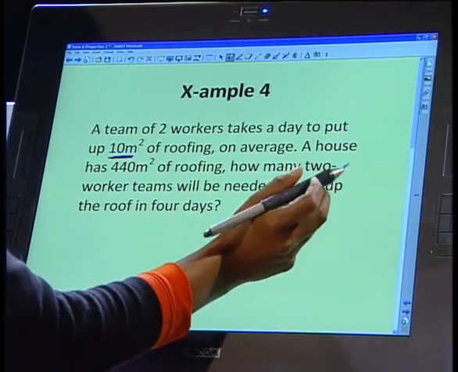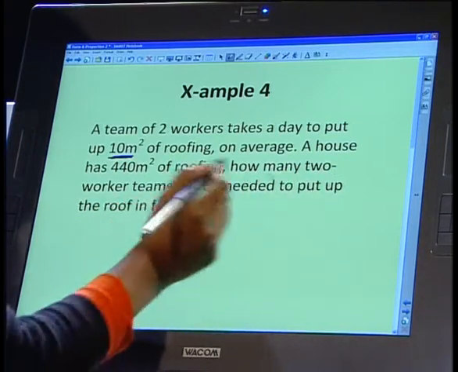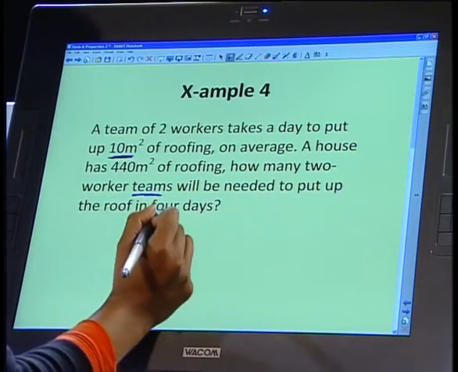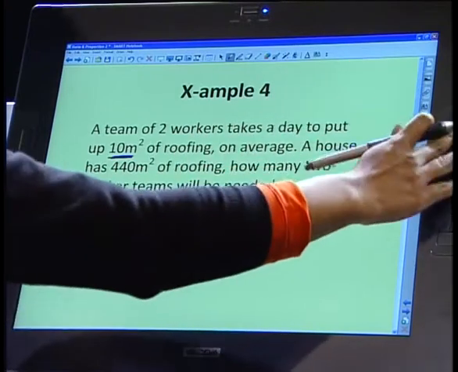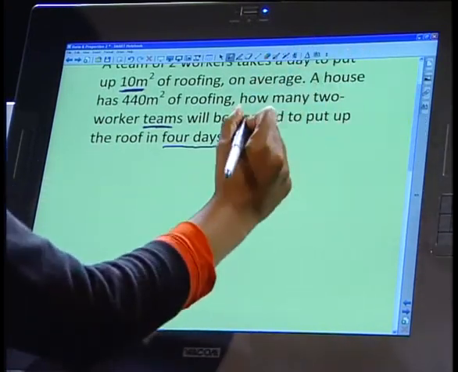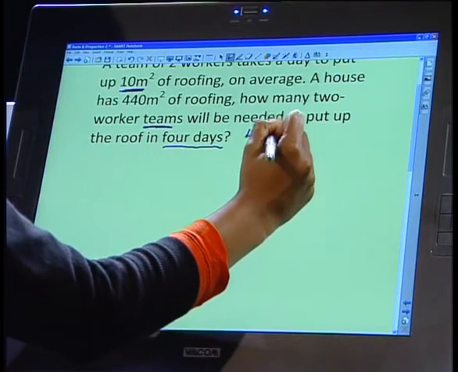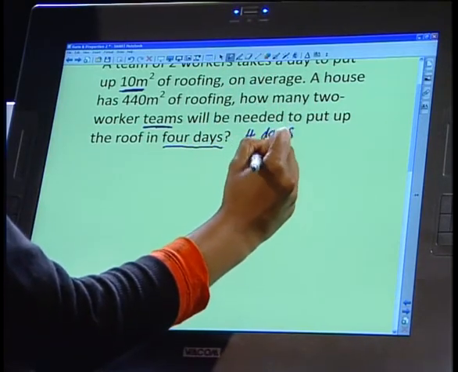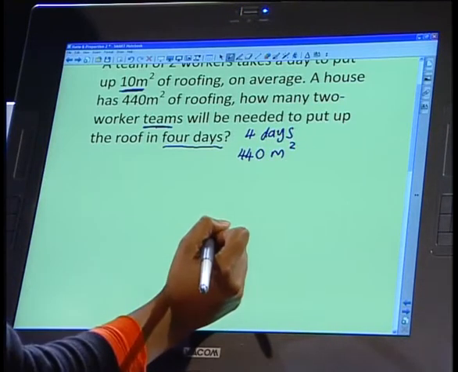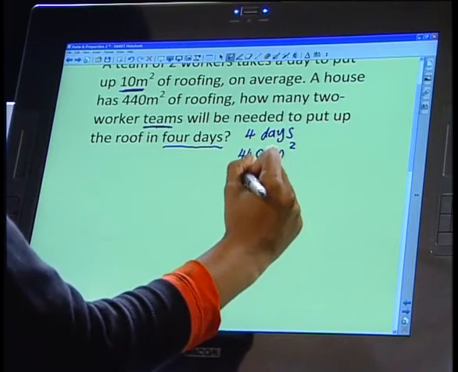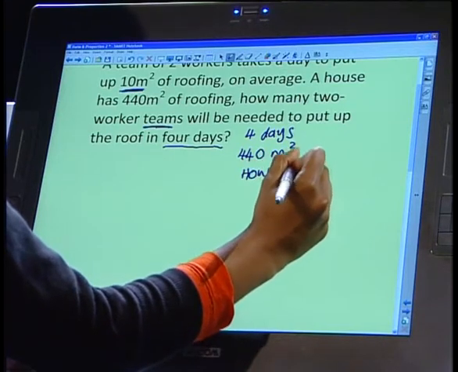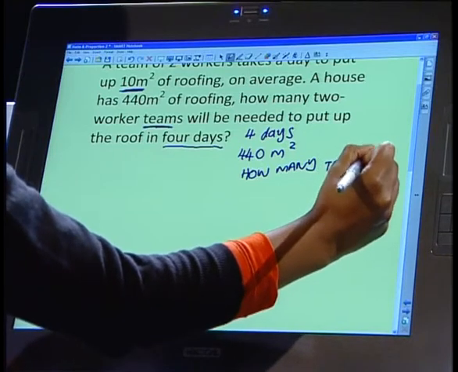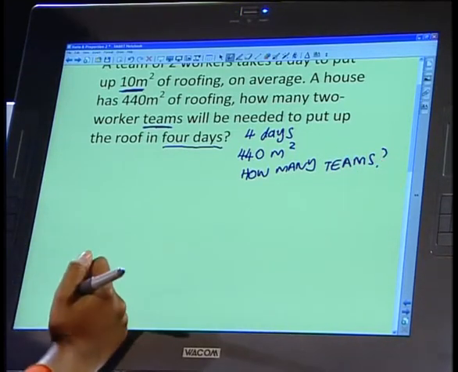They want to know how many 2-worker teams will be needed to put up the roof in 4 days. So they've given you a specific time period. We want to complete this job in 4 days. They told us that we have to put up 440 meters squared of roofing, and they want to find out how many teams of 2 people we are going to require.